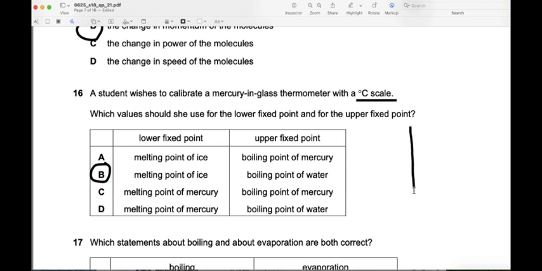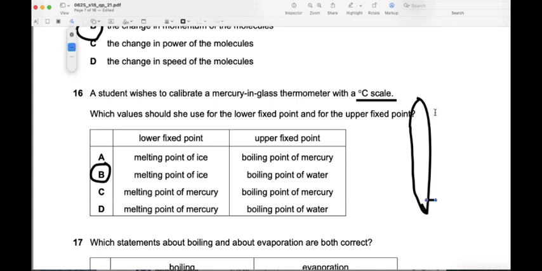Like what we are saying here, if you draw a thermometer, let's say this is a thermometer, okay? You know you have different calibration.